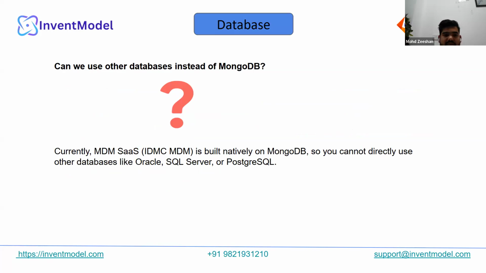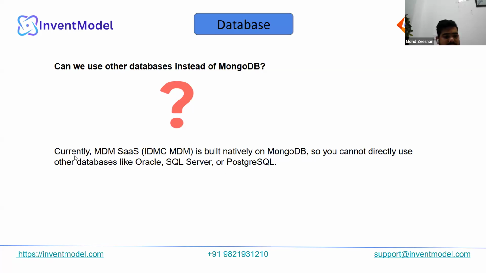We can't use SQL and Oracle and other databases. They are using MongoDB because it gives us the fastest performance and reliability, and it is very strong compared to other databases because data is stored in the JSON environment.